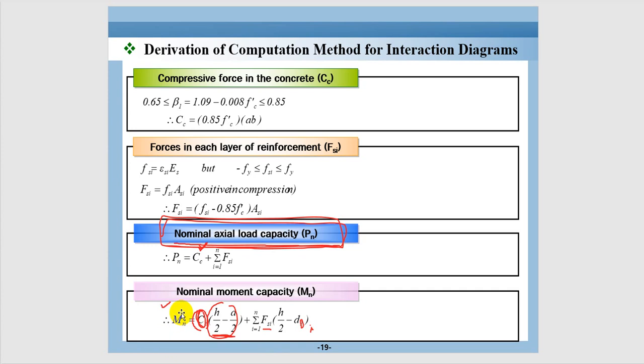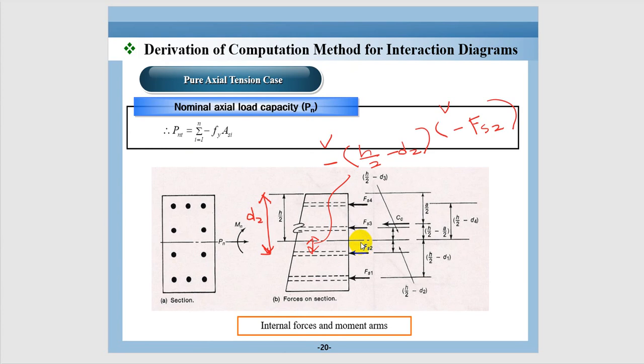So you end up with the entire moment equilibrium equation based on the compressive block and the levers of all layers. Don't forget that if you take a moment with respect to the neutral axis right there, this is counterclockwise, this is clockwise, so you have to put the minus up there, and this value is minus originally.